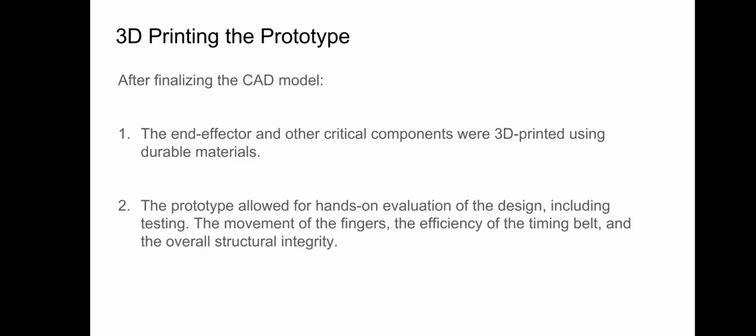3D printing the prototype. After finalizing the CAD model, the first thing was to 3D print the prototype. The end effector and other critical components were 3D printed using durable materials. The prototype allowed for hands-on evaluation of the design, including testing the movement of the fingers, the efficiency of the timing belt and overall structural integrity.